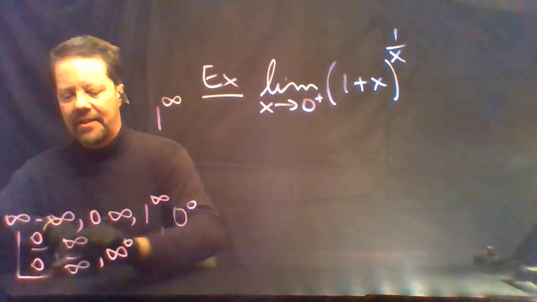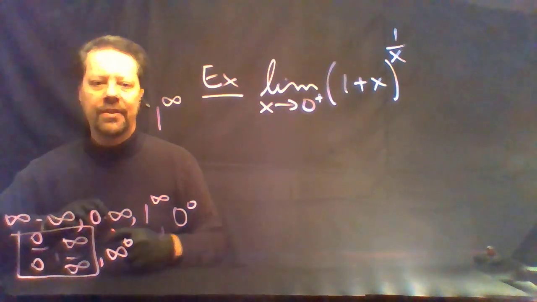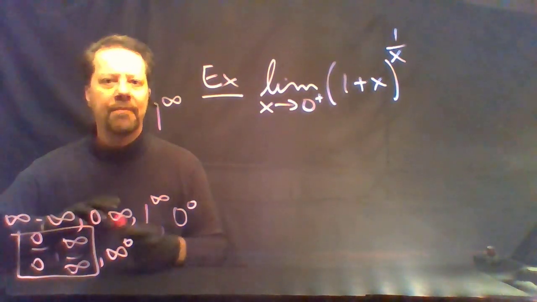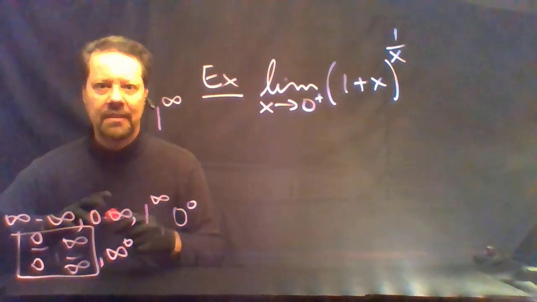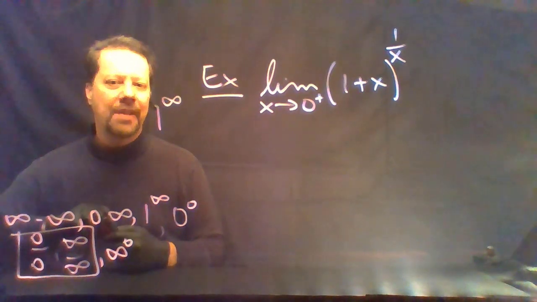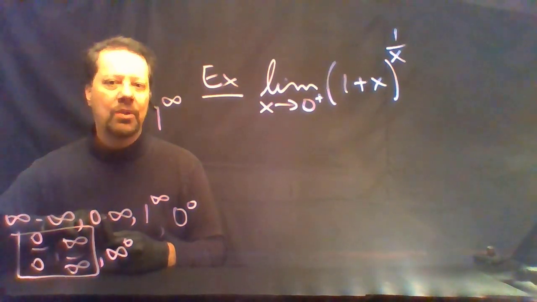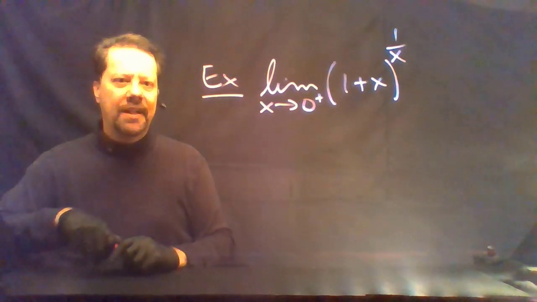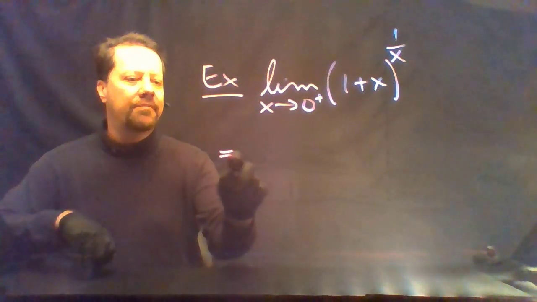Only these two, 0 over 0 and infinity over infinity, are L'Hopital's rule cases. However, it is possible, sometimes, to convert non-L'Hopital's rule cases into L'Hopital's rule cases, and that will be the case. There's a standard trick that you need to be aware of.